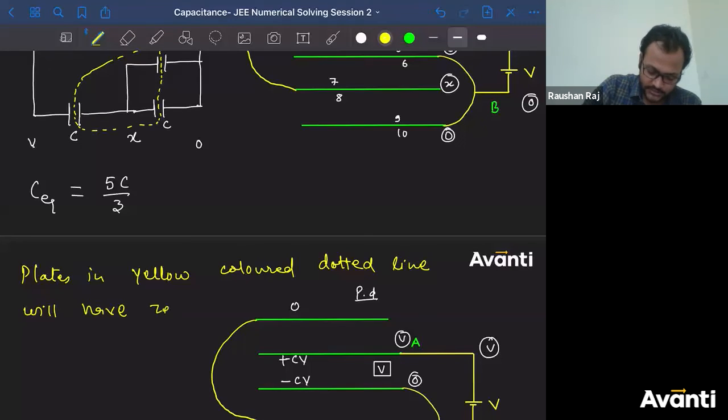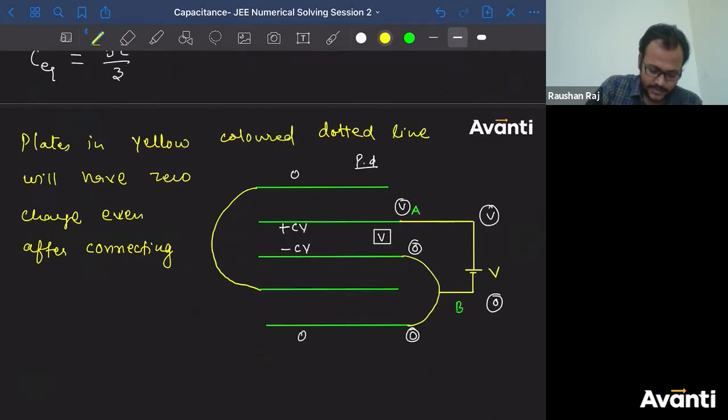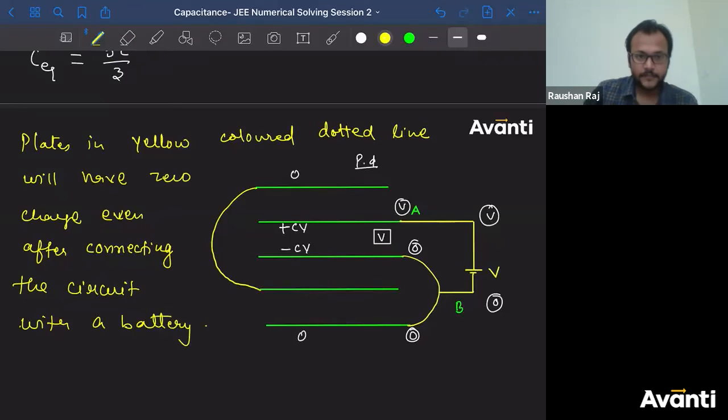It will have 0 charge even after connecting this circuit with a battery. So initially क्या था बच्चा लोग? 0 चार्ज में था, राइट?